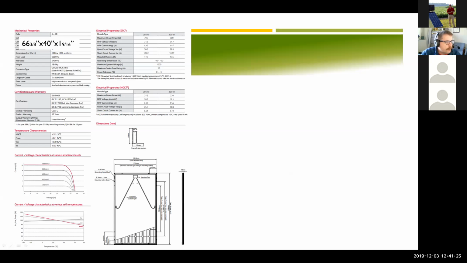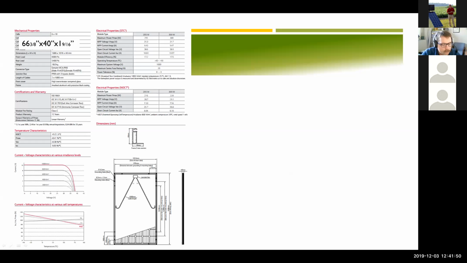When we look at a solar panel, this is a spec sheet for a solar panel. And I really want to get to some very basic things about this spec sheet, not get into the details. But I highlighted in the upper left-hand corner the size of it. And what I'm really trying to get at is that almost all solar panels, at least the 60 cell panels, are almost exactly the same dimensions as one another. It's fairly standard in the industry.